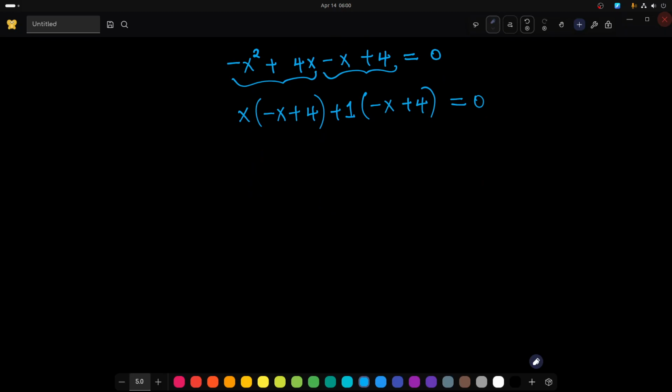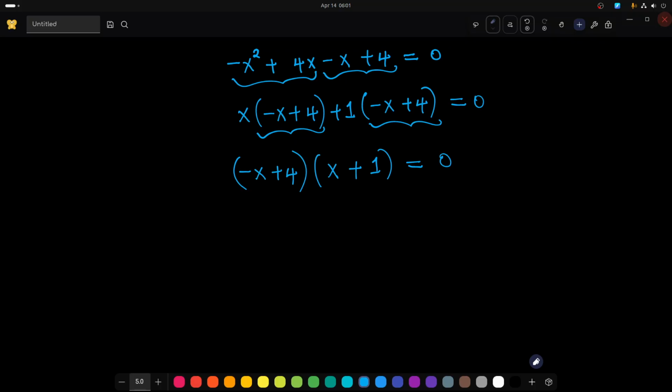Okay, so on this first term, we have negative x plus 4, and we have it again on the second term. So let's factor it out. This is going to be negative x plus 4 times, the first term divided by negative x plus 4 is going to leave us with x, plus the second term divided by negative x plus 4 will leave us with 1, and we are saying this is equal to 0.